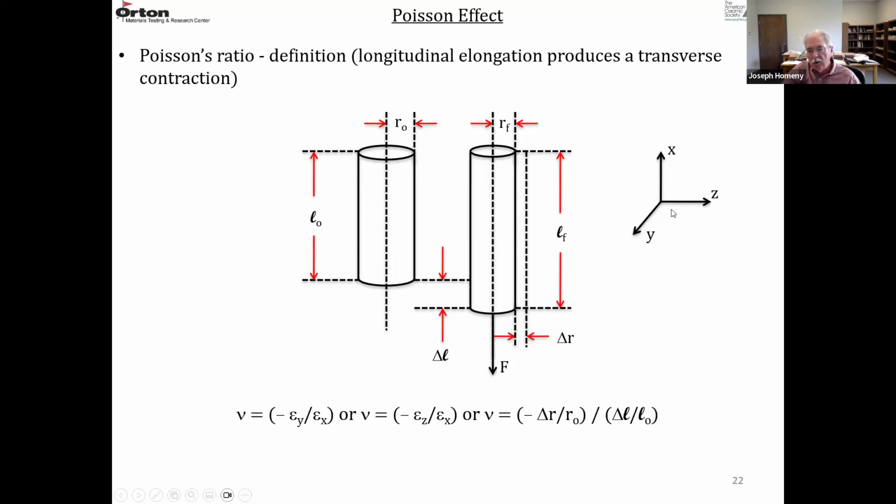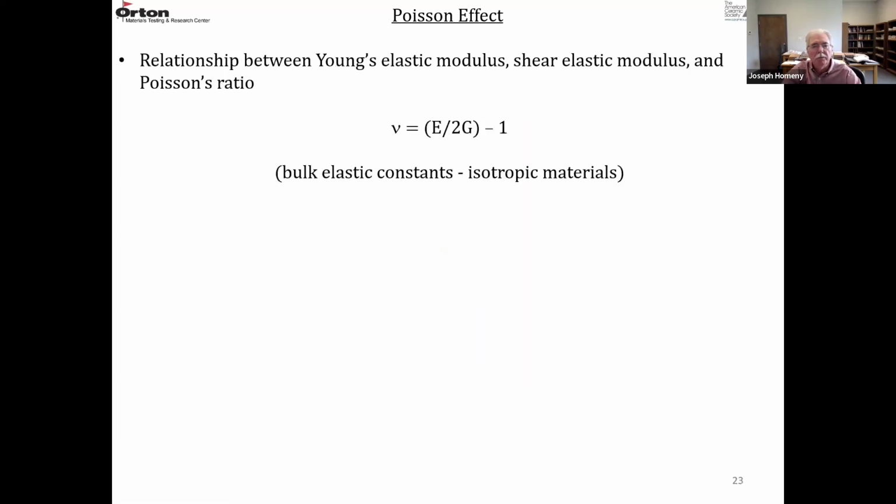In terms of the x, y, z coordinate system, nu equals the strain in the y direction, which is perpendicular to the axial direction, divided by the strain in the axial direction, in the x direction. Or it's the strain in the z direction divided by the strain in the x direction. These are equivalent since it's an isotropic material. So that's the Poisson's ratio.